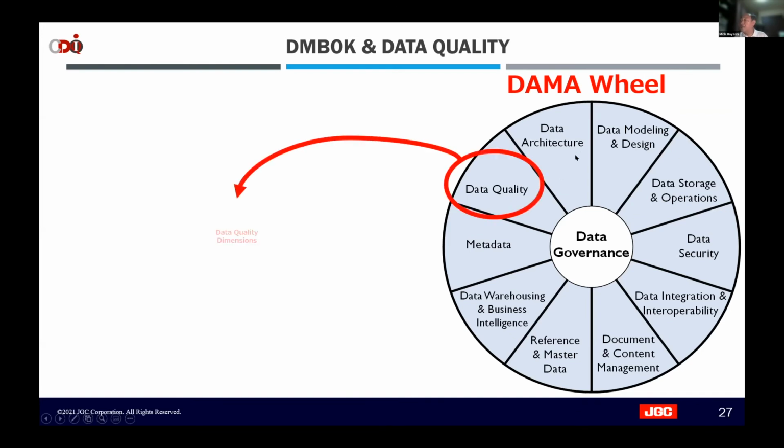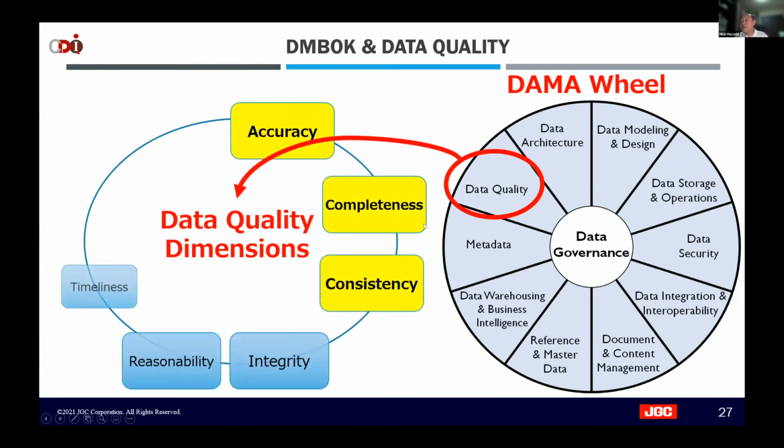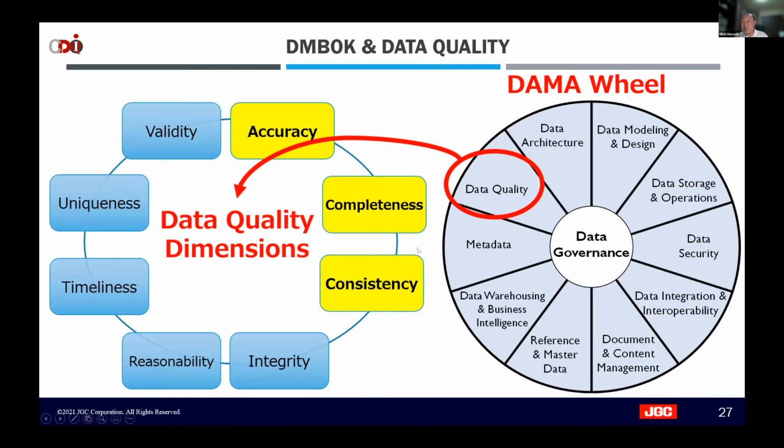Now, data quality is defined in dimensions: accuracy, completeness, consistency, integrity, reasonability, timeliness, uniqueness, validity. We need to have a good product, that means good quality. So how do we define the quality of the data? Many people miss the dimensions.